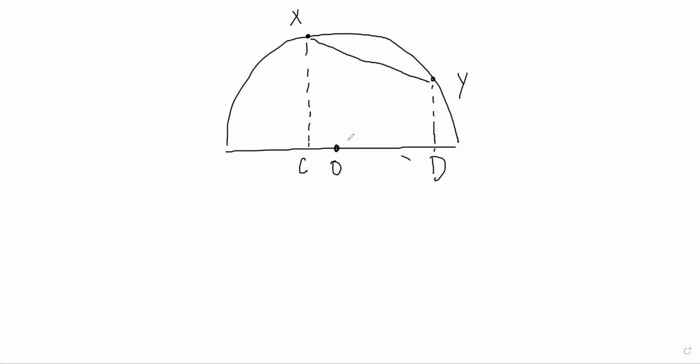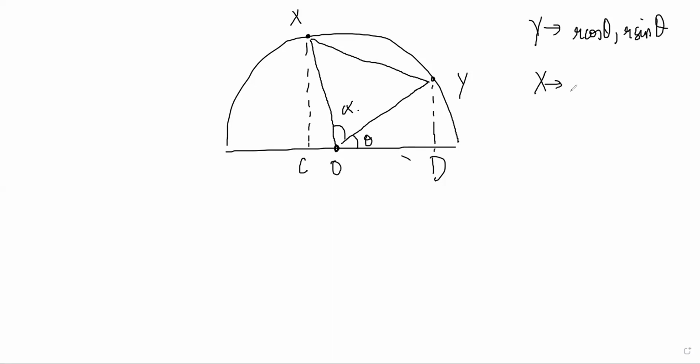Let's call it O. So we'll parameterize the points here. So we'll say this angle is theta, and let's say this angle is alpha, right? So the circle can have radius r, and we can say that y position would be r cos theta, r sin theta, and x position would be r cos(theta plus alpha) and r sin(theta plus alpha), right?